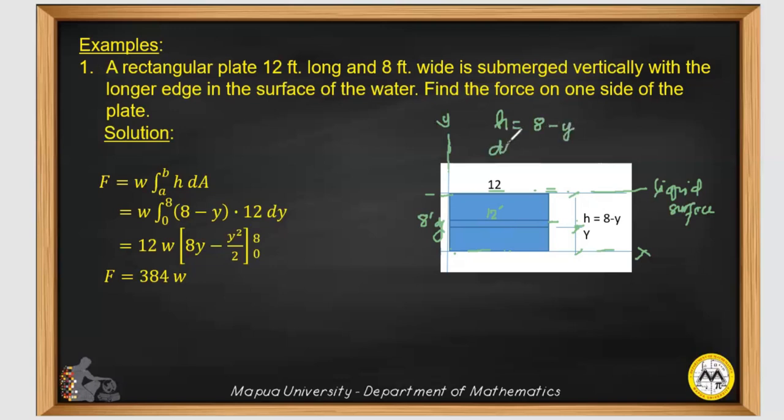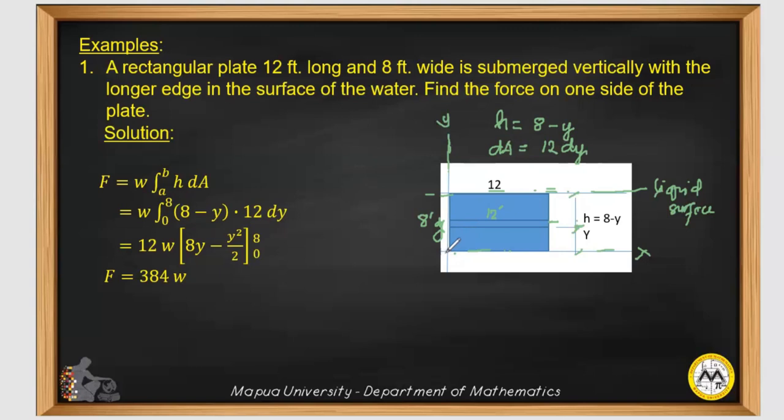And the differential of A is equal to the area of the typical element, which is the length of the element times the thickness, which is dy. Hence, the force due to liquid pressure is W times the integral of h, which is 8 minus y, times dA, which is 12 dy.